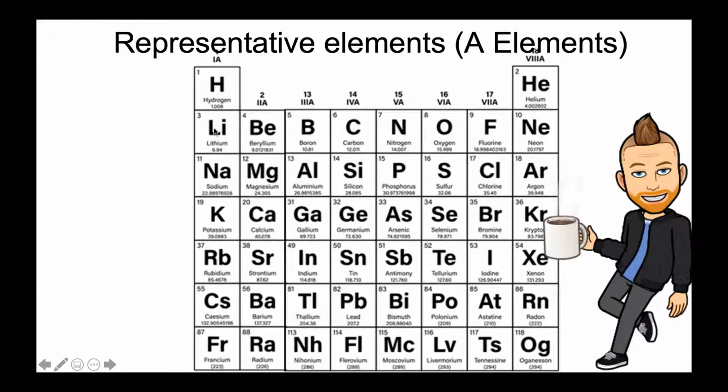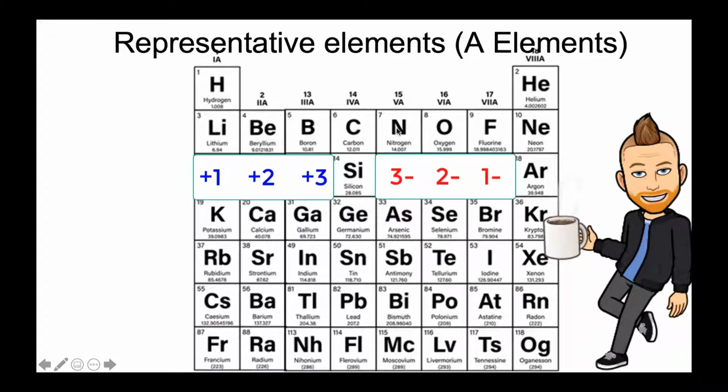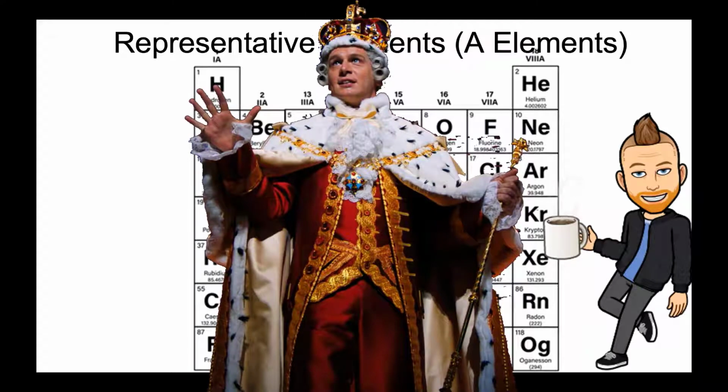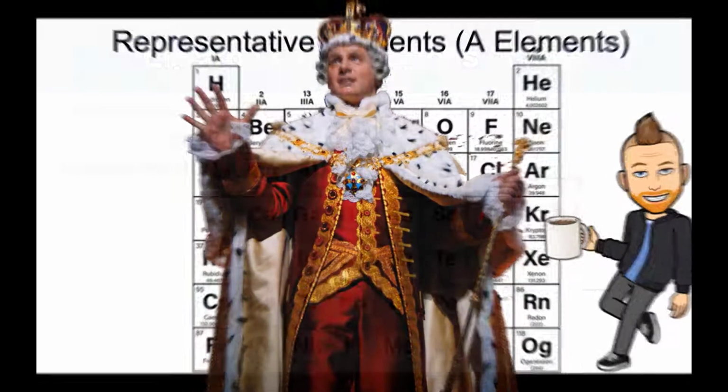So these guys are all going to have to lose 1, lose 2, lose 3, variable what they do, and then the most common charges here are gain 3, gain 2, gain 1, and obviously our noble gases don't do anything, because they're noble, and they already have a full valence shell, full s and p outermost sublevel.